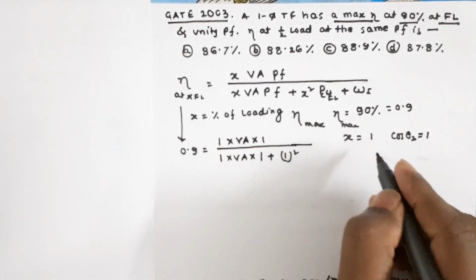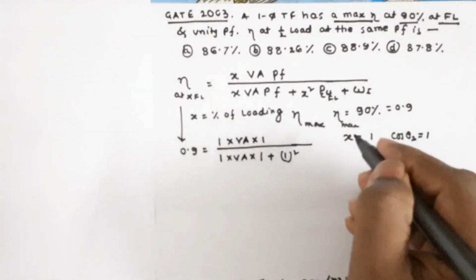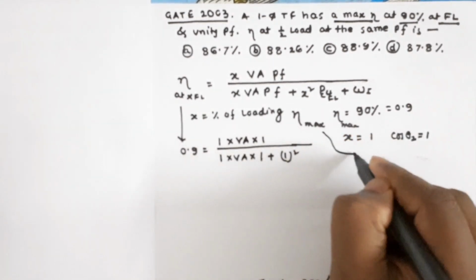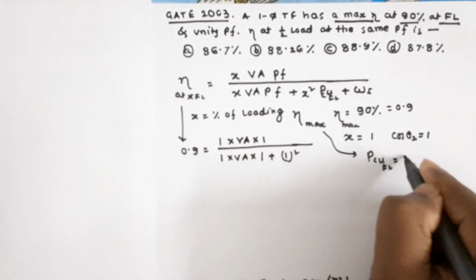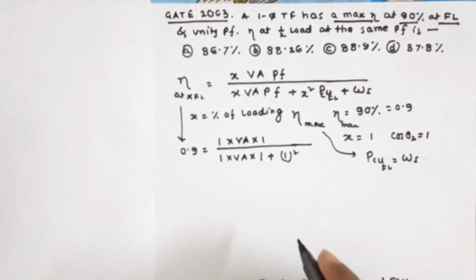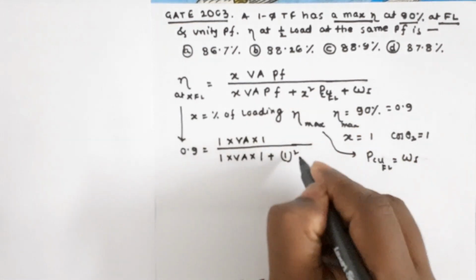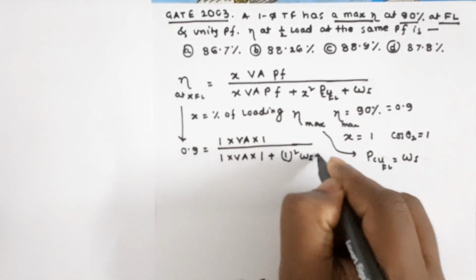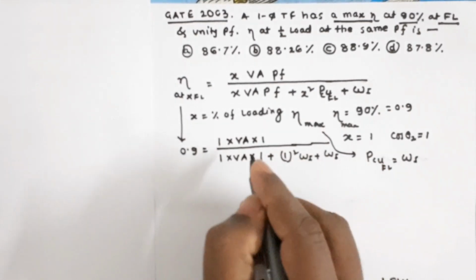Now here again we have derived one relation for maximum efficiency in this condition, that full load copper loss is equal to the iron loss. In the previous theory we have derived this. Therefore, the full load copper loss can be replaced by iron loss plus this iron loss W_i.